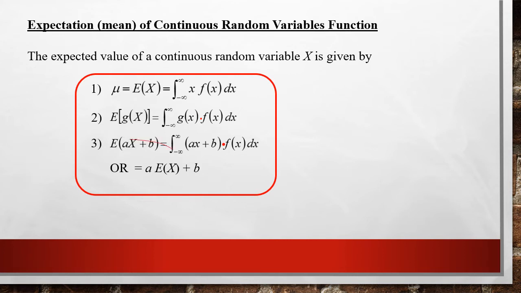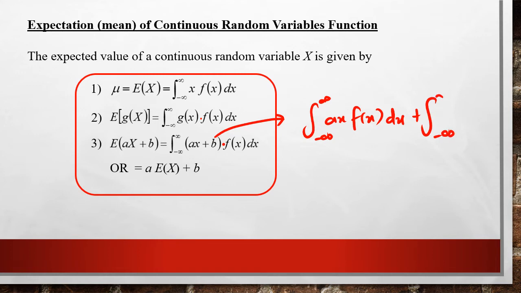Okay, why? This is by using the definition of expectation. So we can separate this, by the properties of integration, into the integration of ax multiplied by f(x) from negative infinity to infinity with respect to x, plus the integration from negative infinity to infinity of b multiplied by f(x) with respect to x.